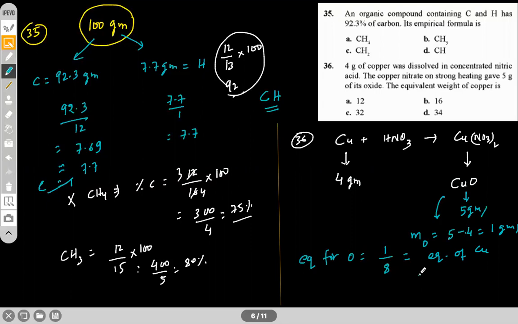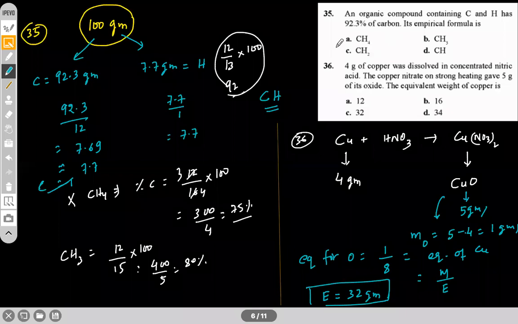And the number of equivalents of copper is equal to mass divided by the equivalent mass of copper. The mass of copper we know is 4 grams. So the equivalent mass, when you cross multiply this, you'll get 32 grams. Hence, the answer for this question is 32, option C.